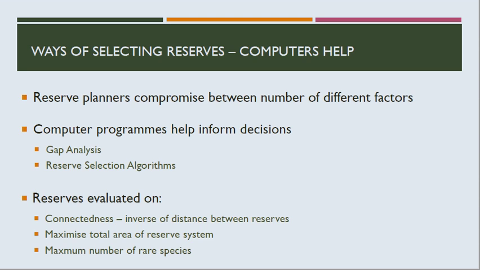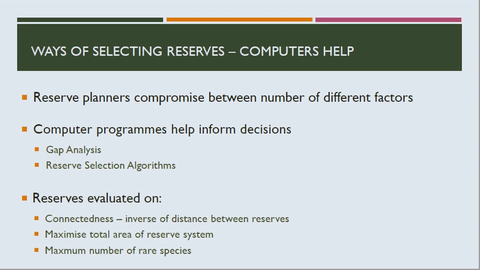So for instance, soil type, topography, rivers, roads, land use on the socioeconomic side, population centers, and so on, can all be inputted into a GIS system and the landscape analyzed to show which areas would be best for a particular reserve or reserve network, and enable the reserve network which is most likely to survive in that particular situation to be created.